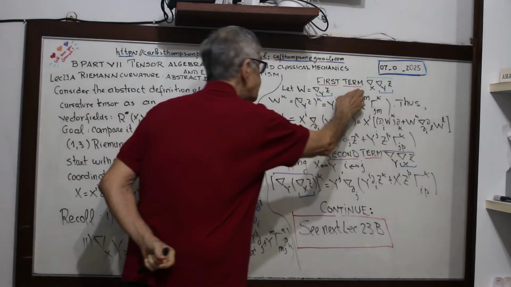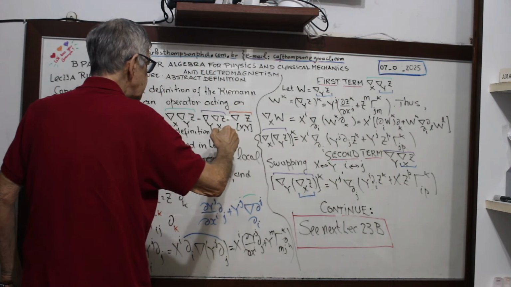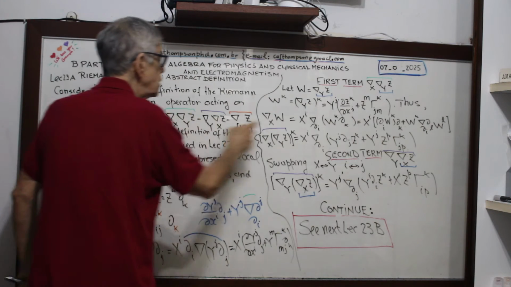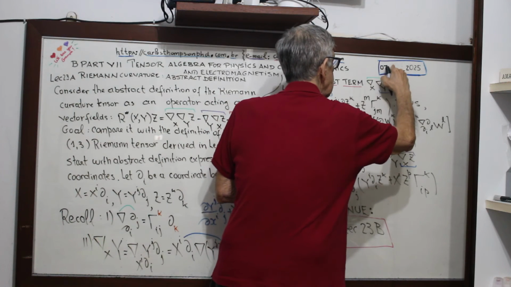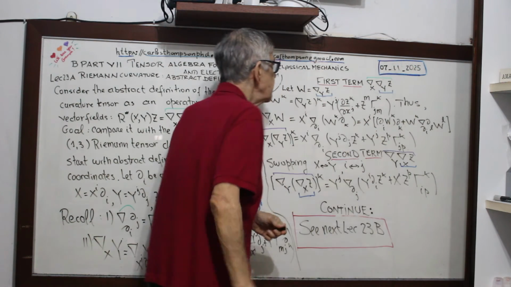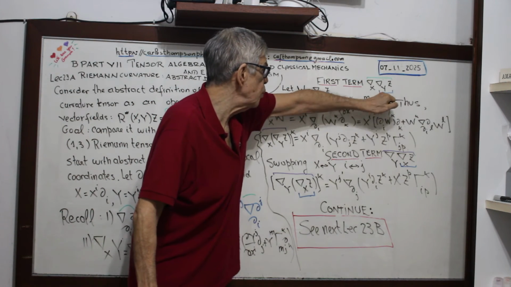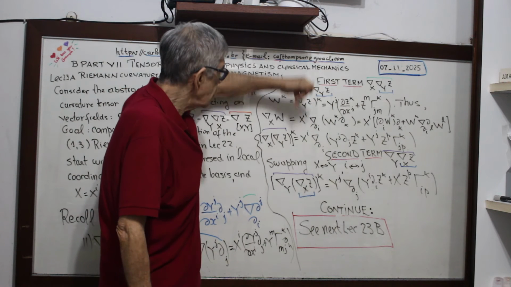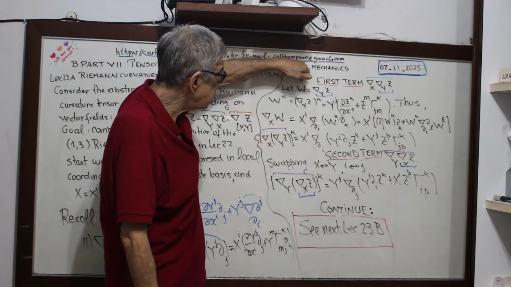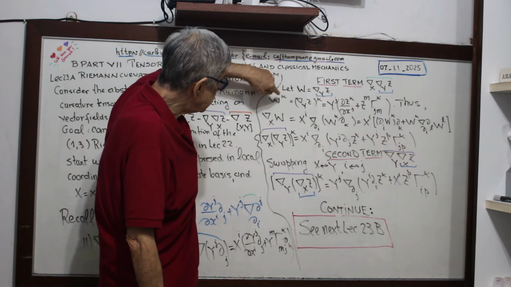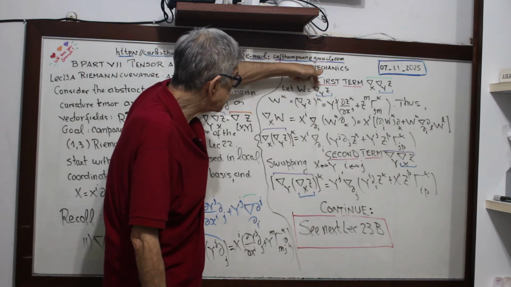Now, the first term. You see this color here, this one over here is green. Now, the first term over here, the green one. Now I will expand just the blue one. The blue one is this one. What I denote, in this case, capital W. You see, W^k are components of this vector.